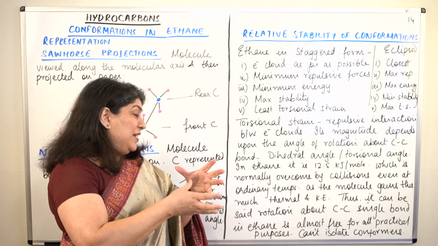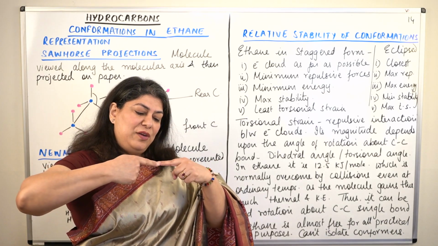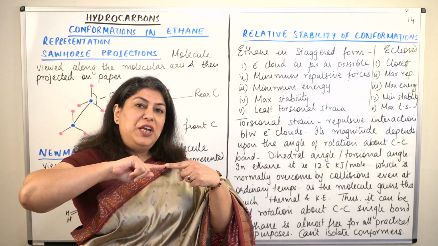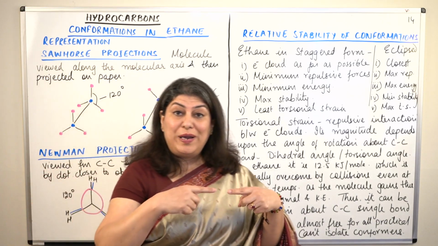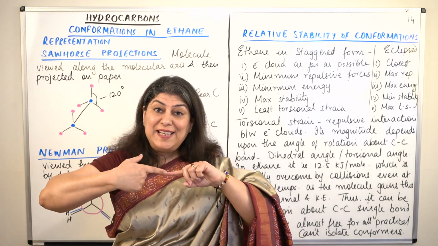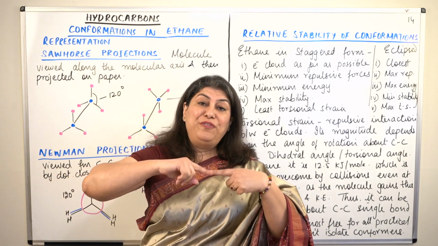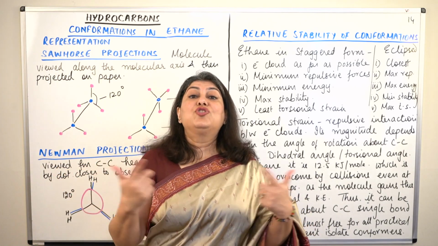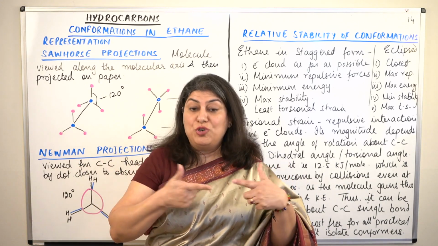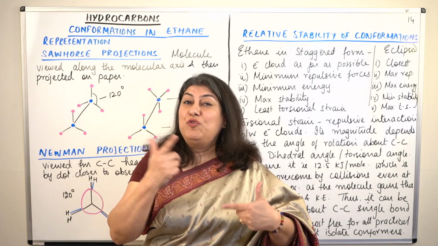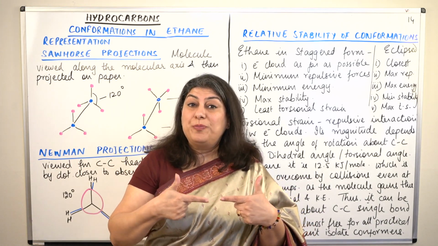So we said there is a torsional strain. It cannot freely move around each other. You remember in the previous video I told you that although we say that the bond is free to rotate, yet it is not so free, because the staggered conformation will be favored because it is more stable, and the eclipsed conformation would not be that favored because there's too much repulsion in that.